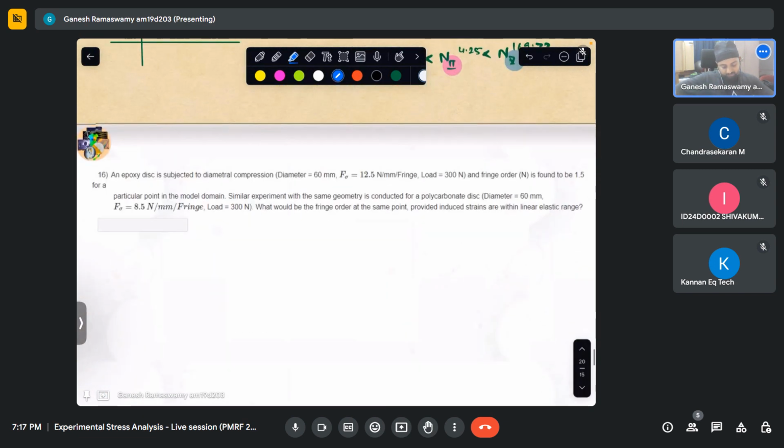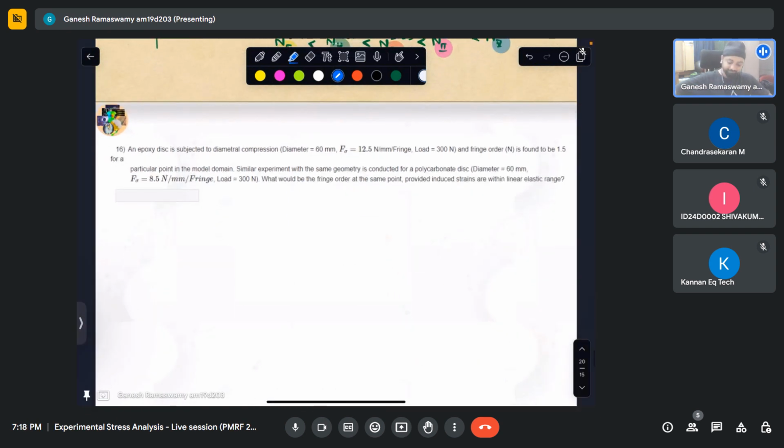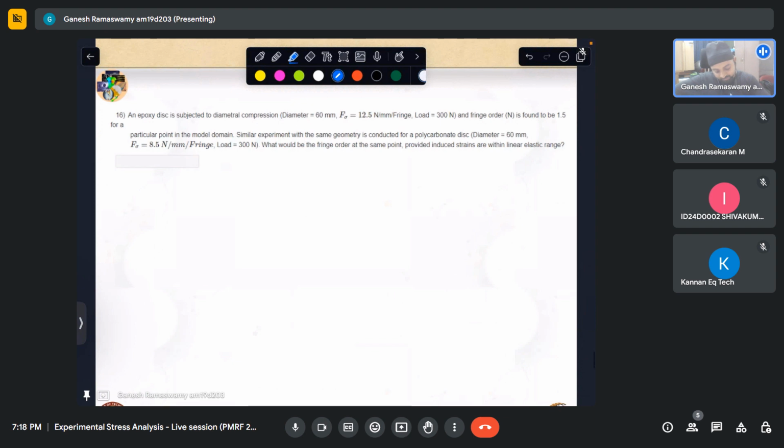Okay, so let us look at this question. An epoxy disc is subjected to diametral compression. Again, we came to the problem of a diametral compression.